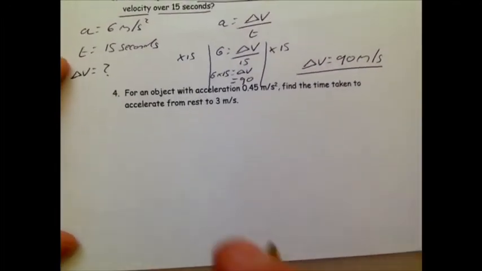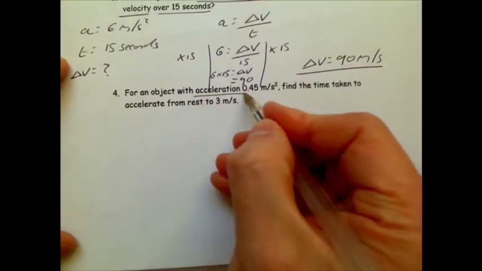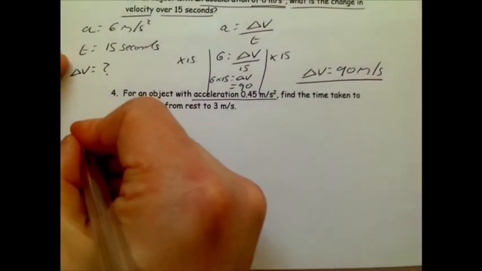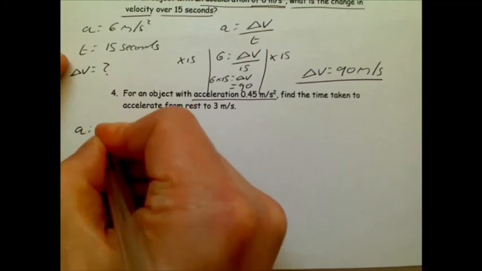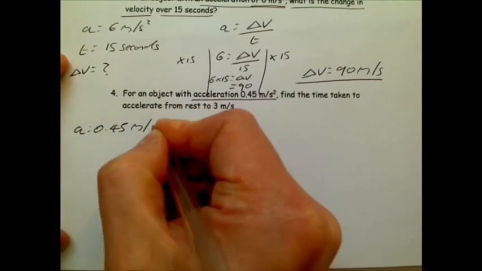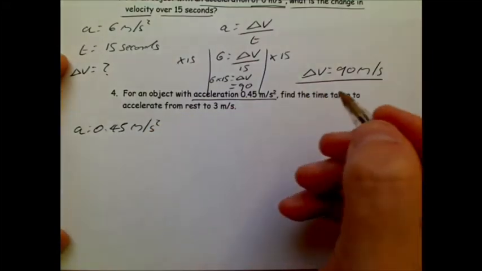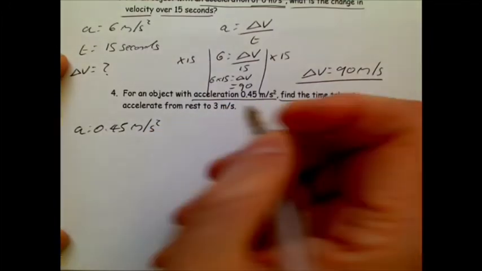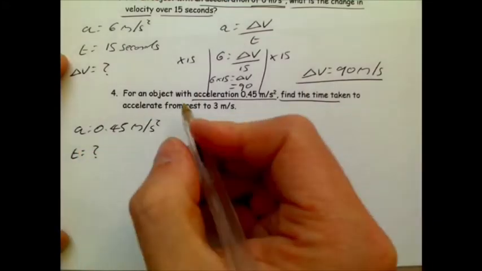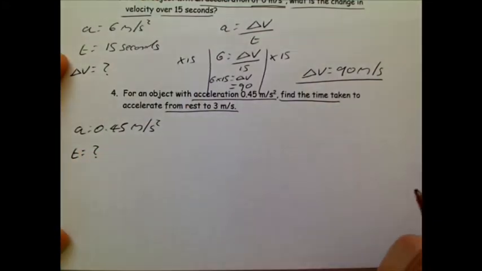And question number 4. For an object with an acceleration of 0.45 meters per second squared, find the time, so T is what I need to work out, to accelerate from rest to 3 meters per second.